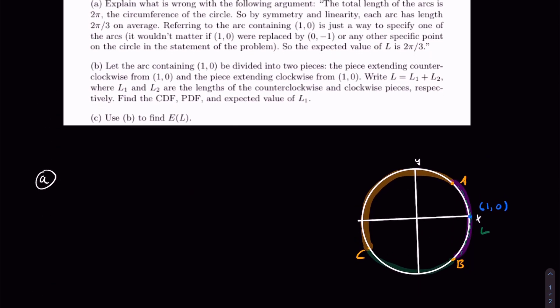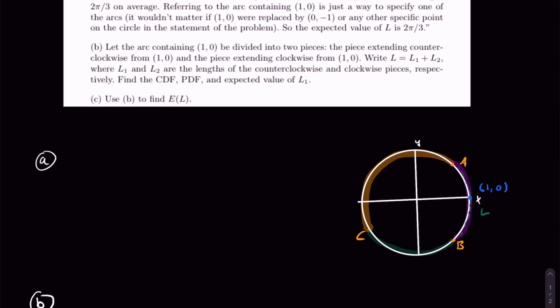In part B, we're asked to divide the arc that contains this point, which we called L, into the piece extending counterclockwise, going up in this direction, which we call L1, and the piece extending clockwise, going downwards here, which is L2.